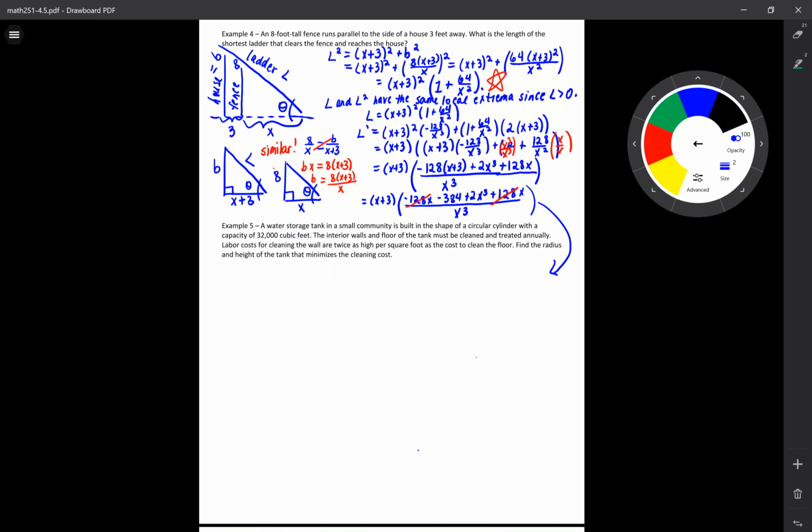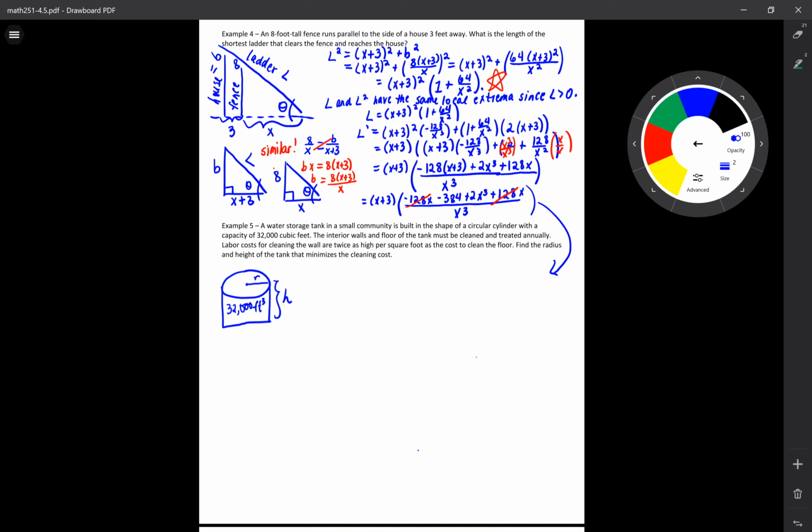Alright, so we have a cylindrical water tank here. We don't know the radius or the height because that's what we're trying to solve for. But I do know that the volume is 32,000 cubic feet. So we have our radius here and our height. We want to minimize the cleaning cost, right?